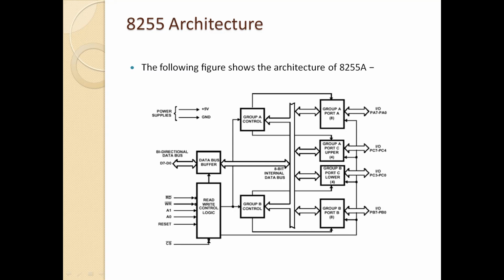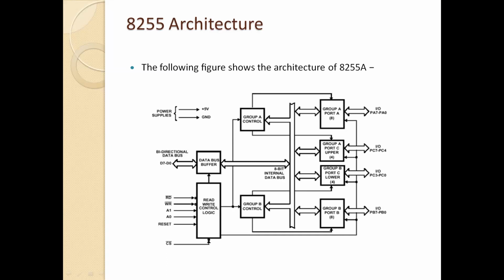Next, there is the read-write control logic block. In this block, various control signals are provided by the read, write, A1 and A0, reset, and chip select pins. These control signals are given to two blocks, group A control and group B control.